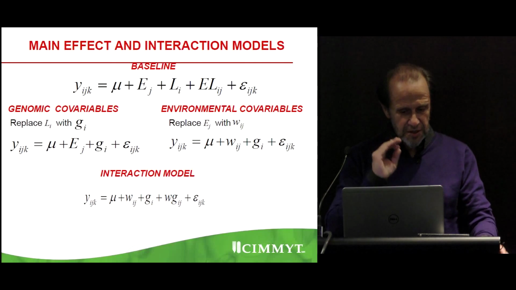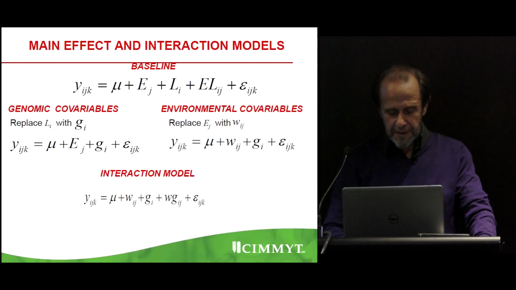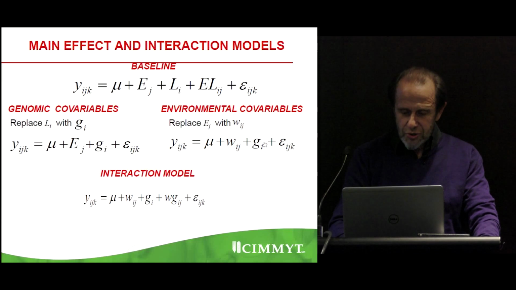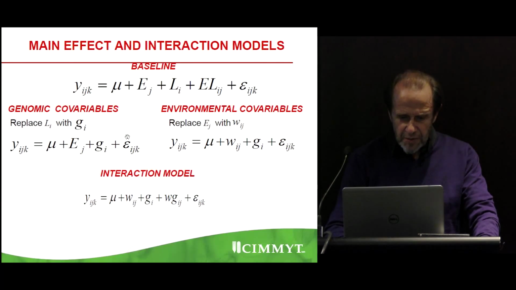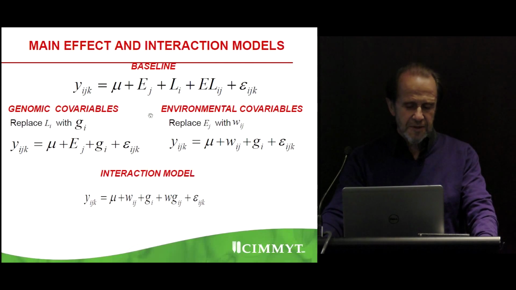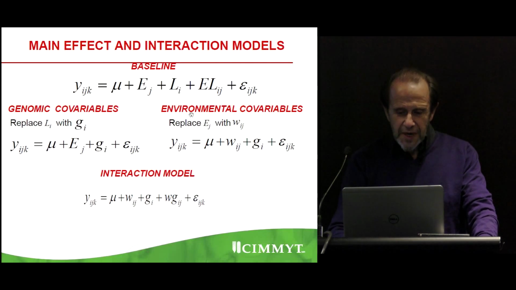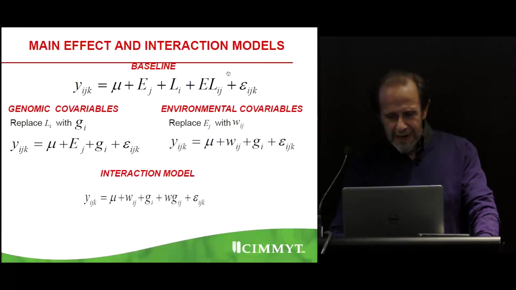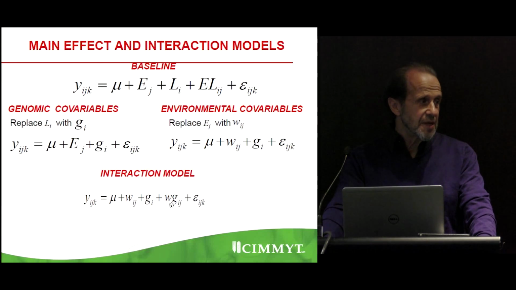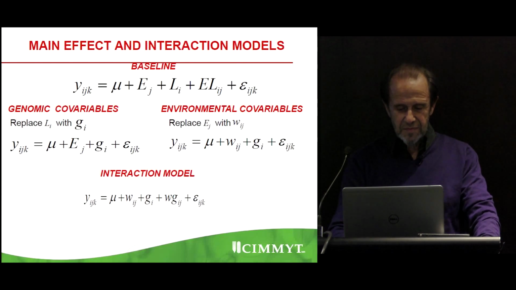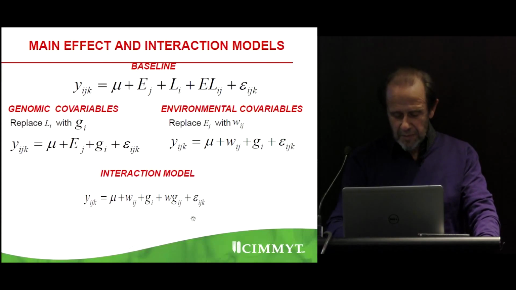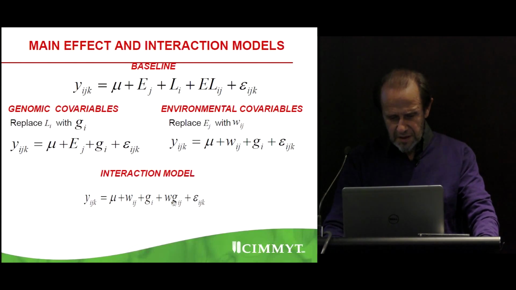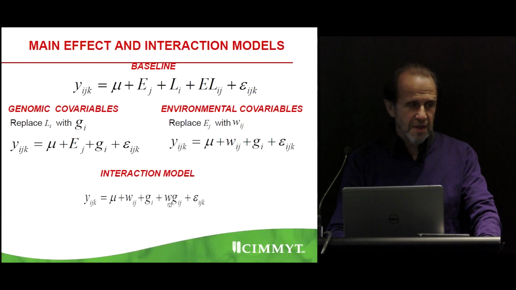No. We say this is an environment, and we characterize it like that. So we can do similar to what we have done with the genomic covariables, with environmental covariables. And then we can also characterize the environment by line, doing the interaction between the genomics and the environmental covariables. It's a little bit complicated, but trust me that this can be done.